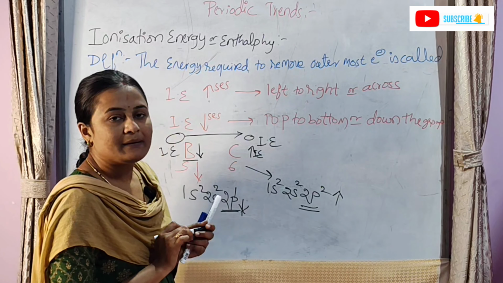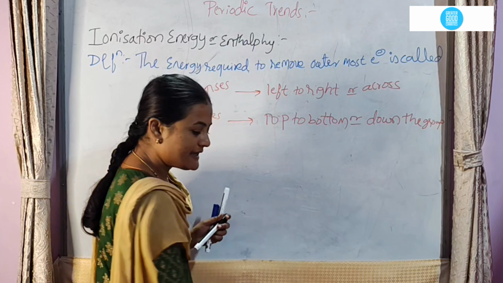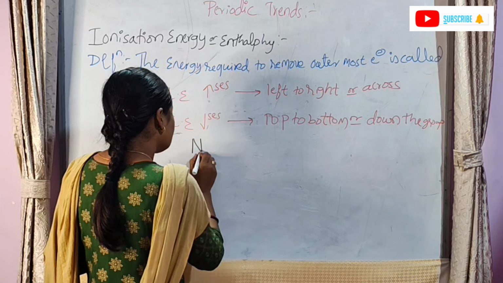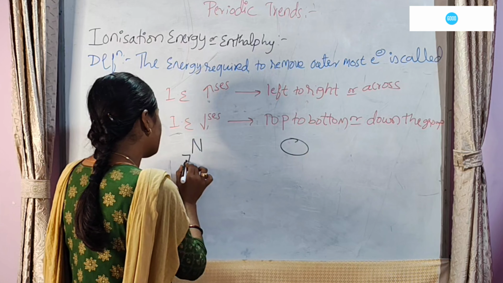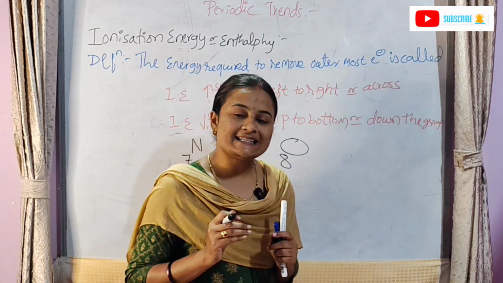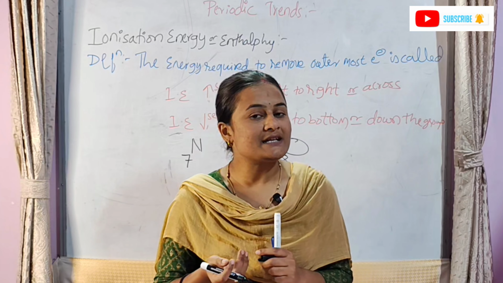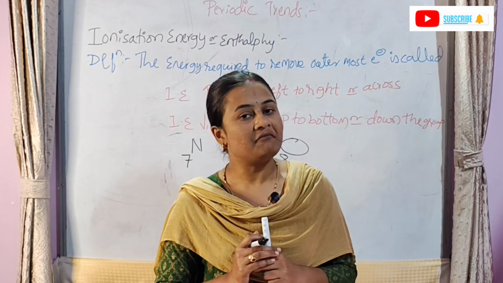The other thing to remember here is, if you want to remove the electrons in nitrogen and oxygen, we will take an example. Nitrogen has atomic number 7 and oxygen has atomic number 8. While discussing electronic configuration, I clearly mentioned that half-filled orbitals are stable and completely filled orbitals are very stable.